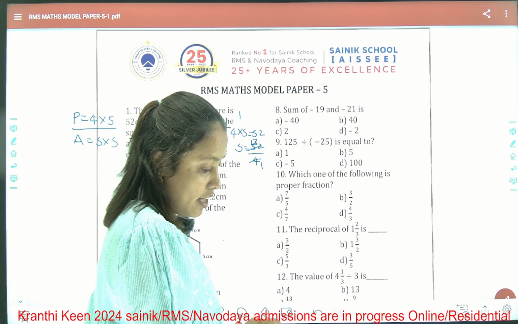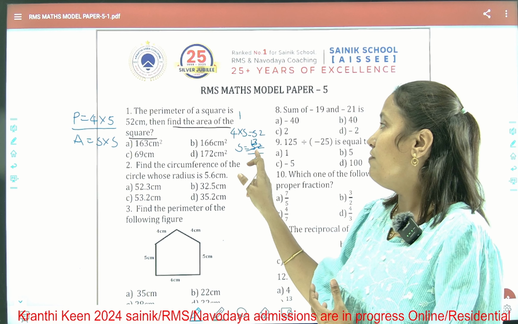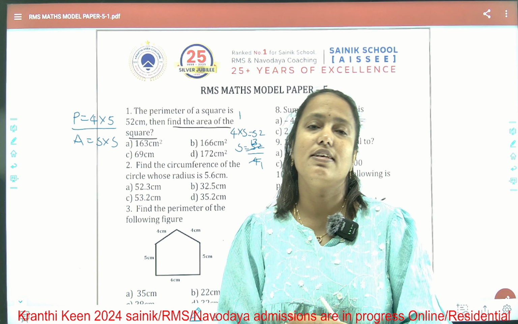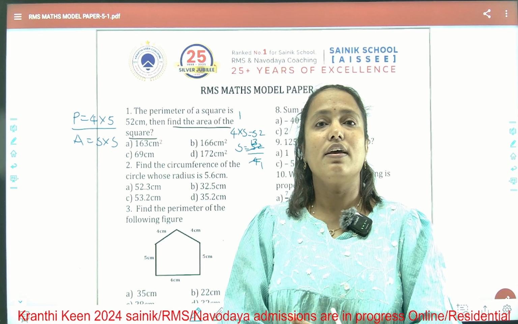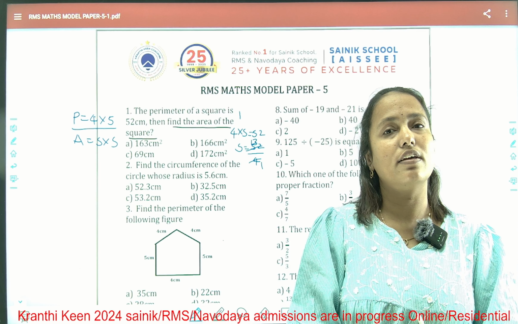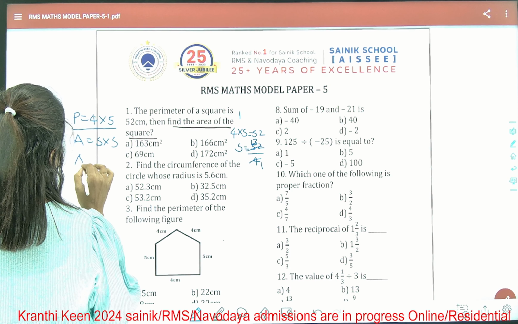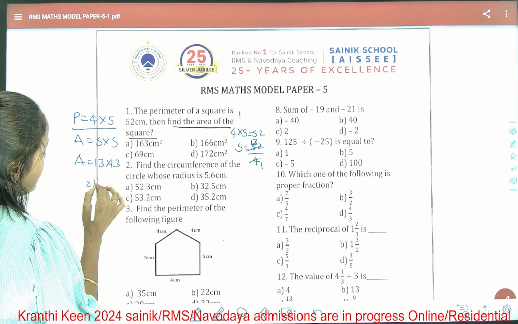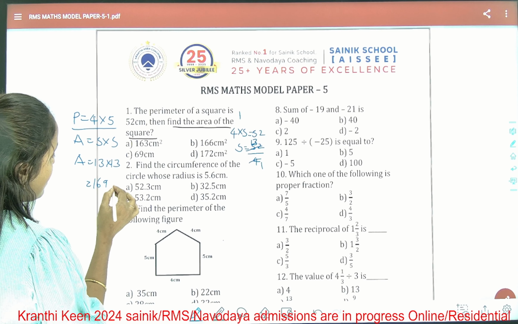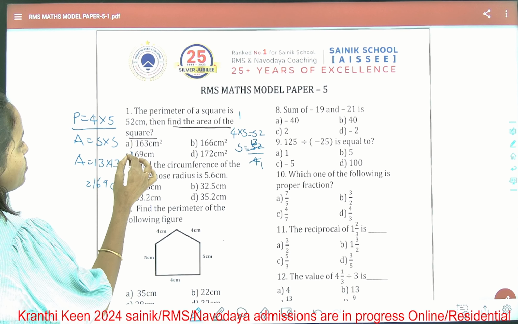Here the mistake children make is that they first find the side, 13, and then they see that it is not available in the answer options. They get confused. Then you need to find the area: 13 into 13 equals 169 centimeter square.